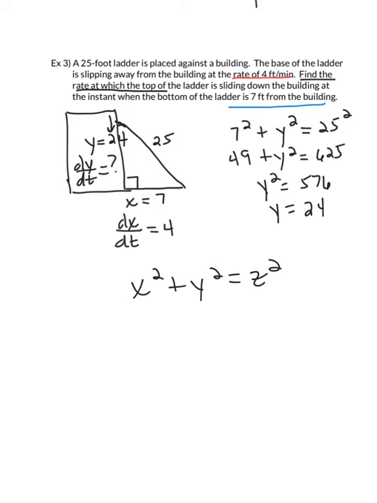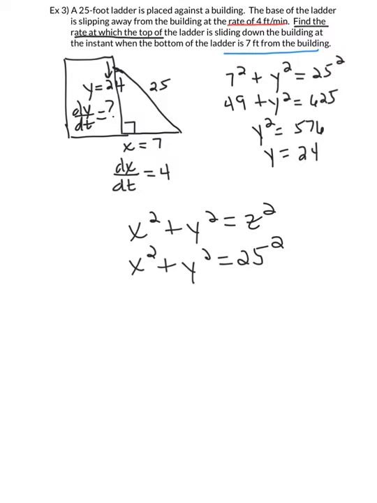Notice that the length of the ladder is never changing. It is always 25. So it is not a variable, it's 25. So we're going to rewrite this formula as x squared plus y squared equals 25 squared before we even do the derivative. And that's purely because the length of the ladder does not change. If you have a side in your triangle that you know does not change, then that side goes in as that number before you do the derivative.